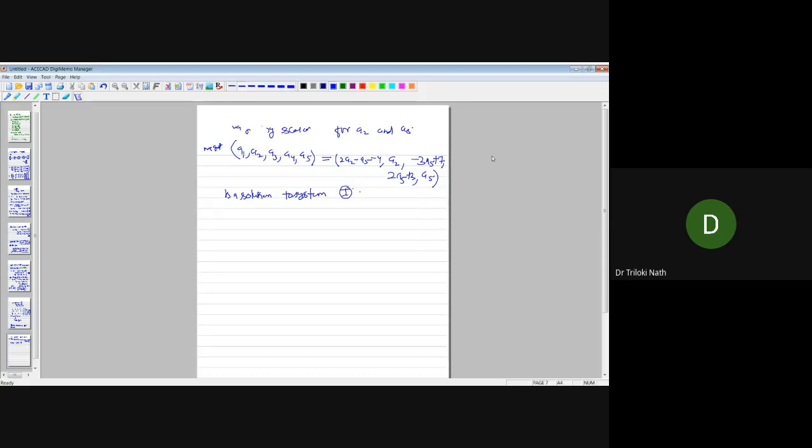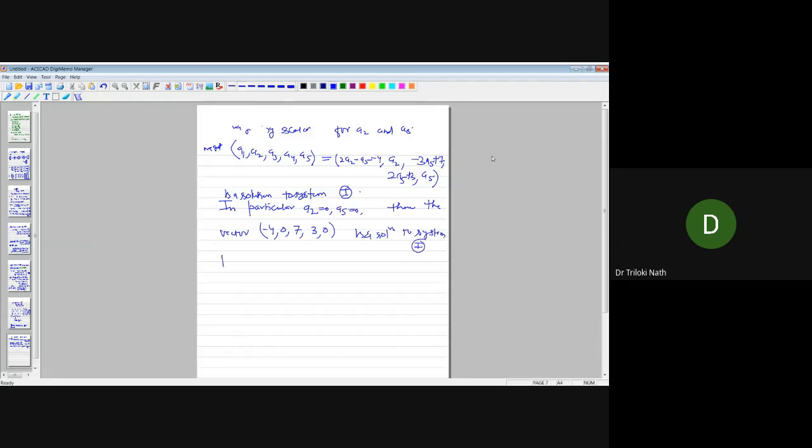Right? So because you have a solution to system 1, that means the vector can be expressed as a linear combination of given vectors. In particular, if you take A2 is 0 and A5 is also 0, then what you have? Minus 4, 0, 7, 3, 0 is a solution to system 1.